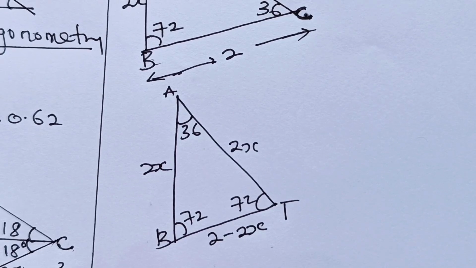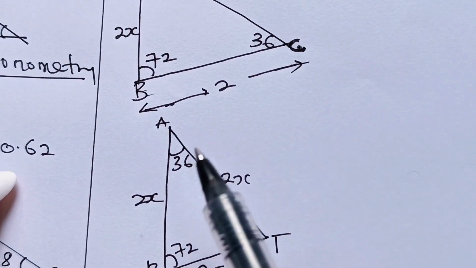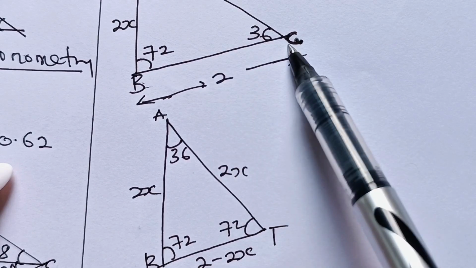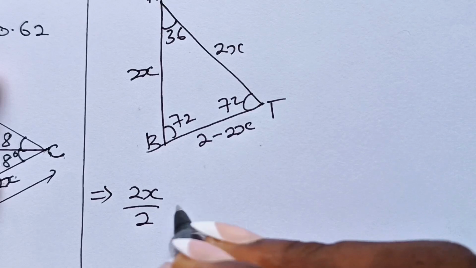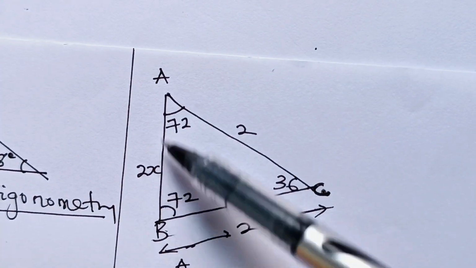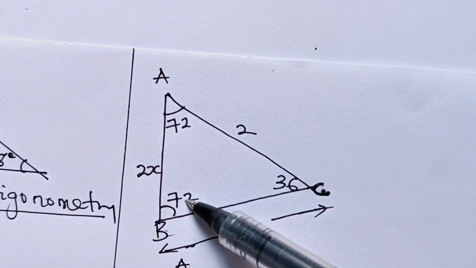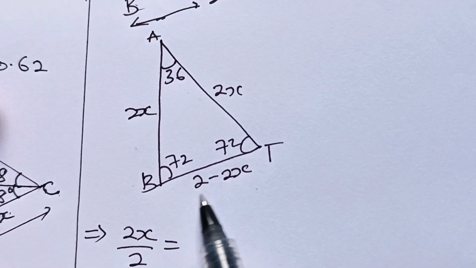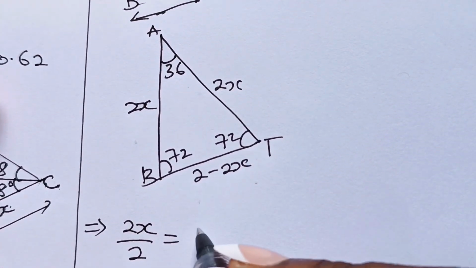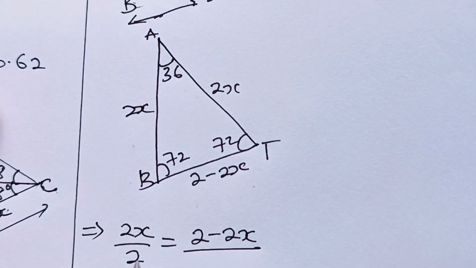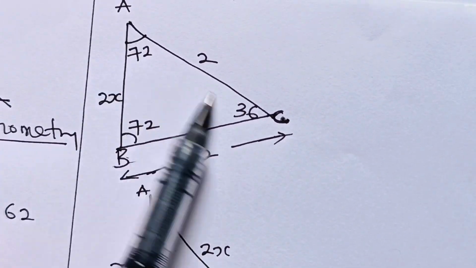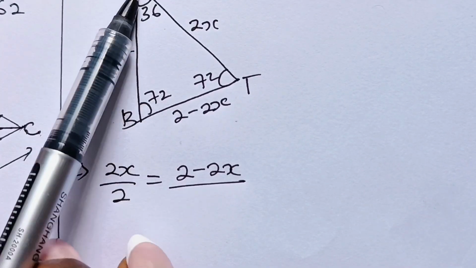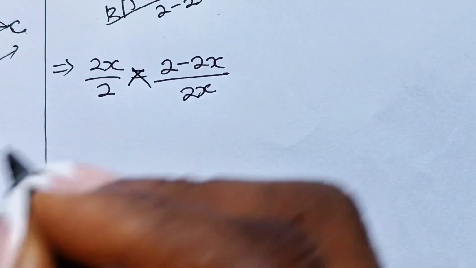So if we take 2x divided by 2 from the first triangle, it should be equal to, now this line 2x, which is line AB, is on 72 angle, so it should be corresponding to 2 minus 2x of this particular triangle. So we have 2 minus 2x over the side of 72 and 36, which is the same thing as the side of 72 and 36 here, which is 2x. Now let's cross multiply.